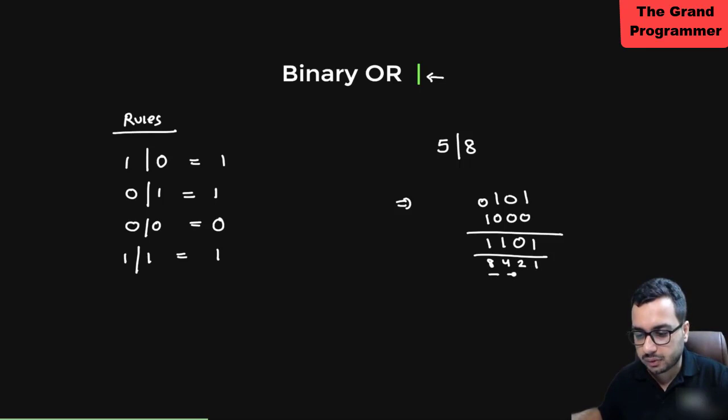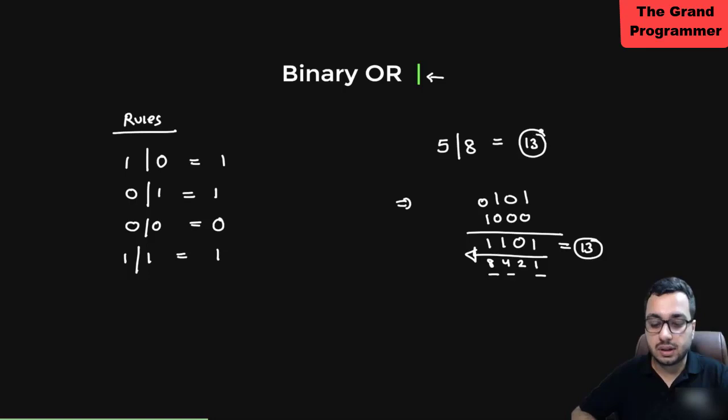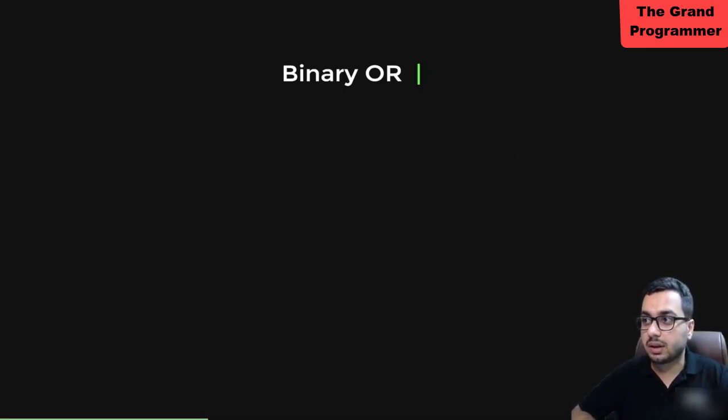If you add 8 plus 4 plus 1, this number is actually 13. These are actually powers of 2: 2 raised to the power 0, 2 raised to the power 1, 2 raised to the power 2, and 2 raised to the power 3. So I am doing 8 plus 4 plus 1, that is 13. If you do this in your code, you will get an output of 13 in this particular case. I hope binary OR is also clear.